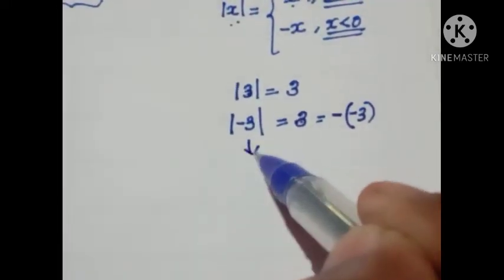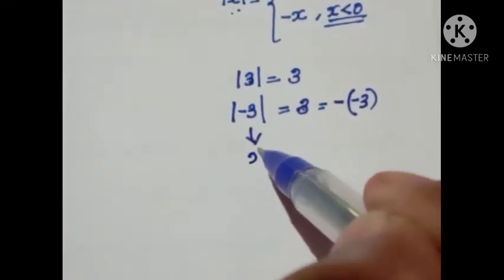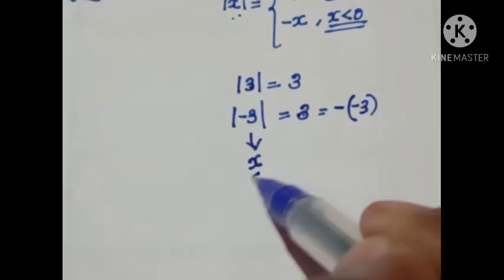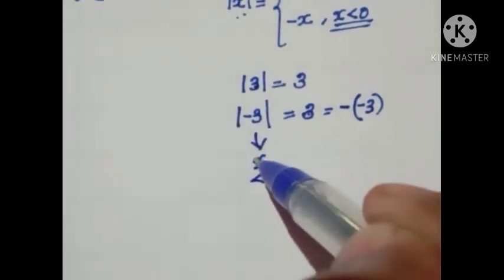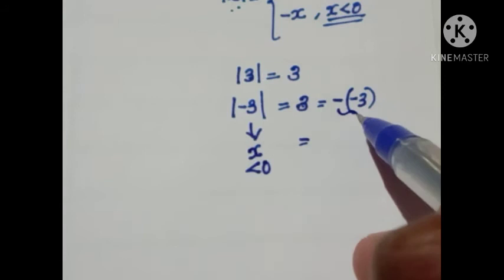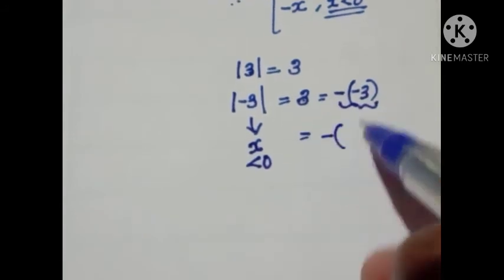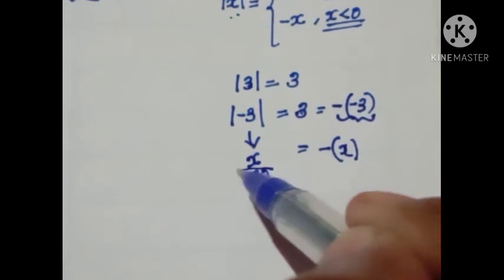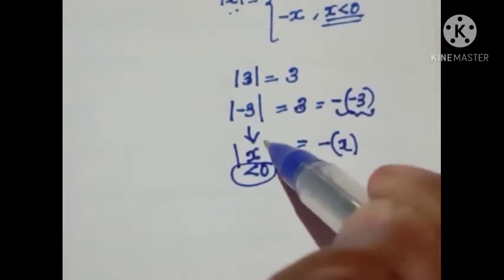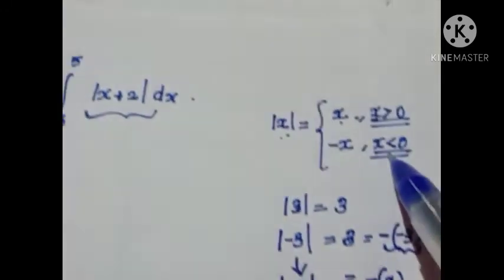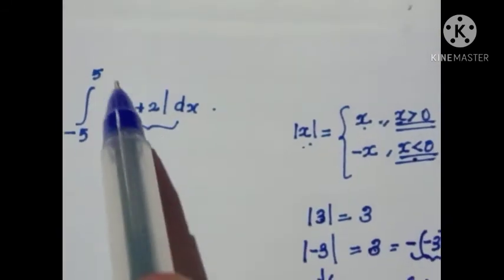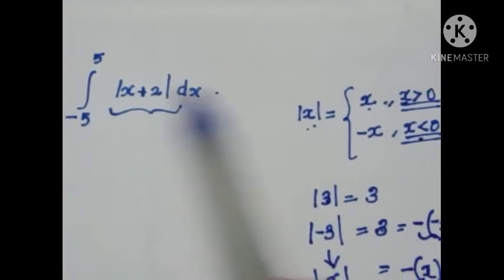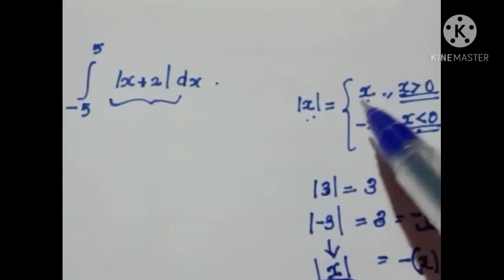Let us consider this negative number as x. So x is a negative number, so its modulus is minus x. So for all negative numbers, modulus of x is defined as minus x. So we are going to evaluate this given function as per this modulus.